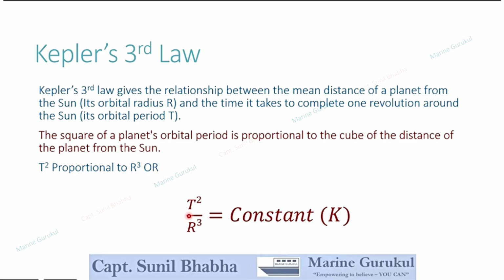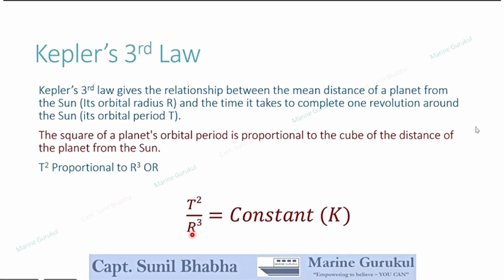T is the orbital period of a planet. Let's say, for example, if you take the case of the Earth, the orbital period is 365.25 days. And R is the mean orbital radius of a planet. In the case of Earth, the mean orbital radius of the Earth's orbit around the sun is 93 million miles, or 93 into 10 raised to power 6 miles.